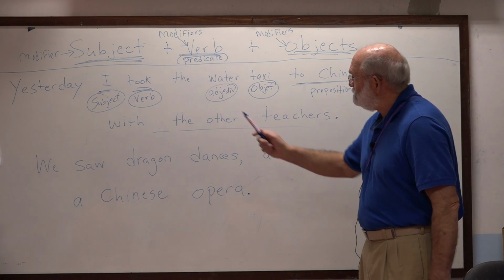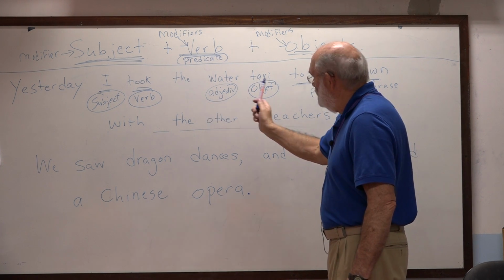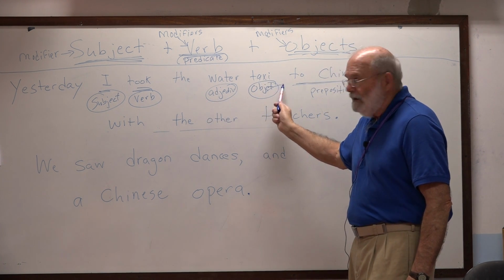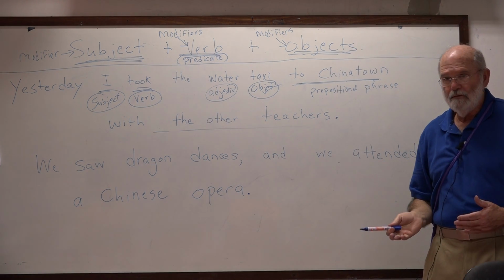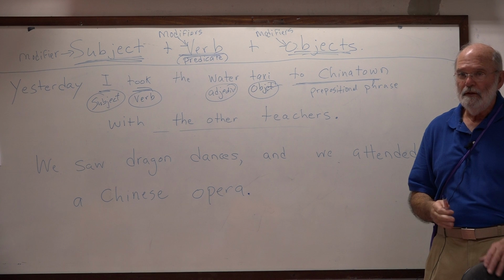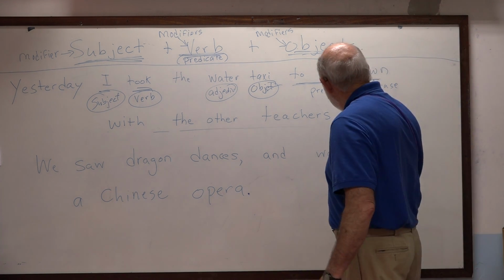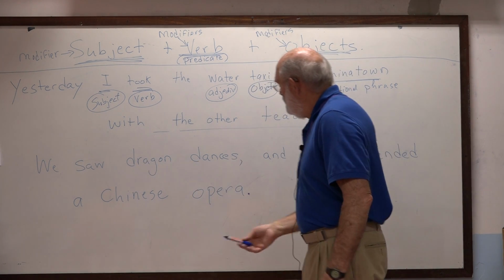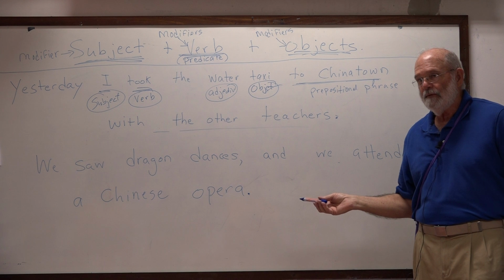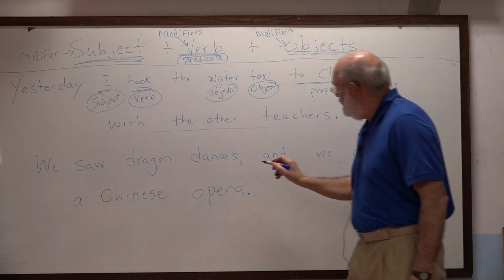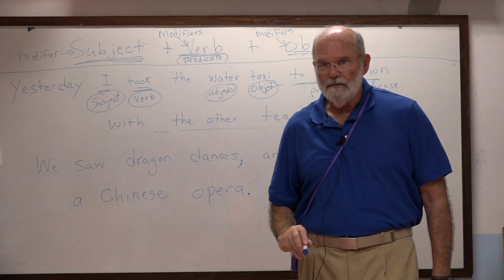So, subject, followed by a verb, followed by an object. And then we add modifiers, either adjectives or adverbs or prepositional phrases to add detail to the sentence. So, sentence ends here. We saw dragon dances and we attended a Chinese opera. Now, this is what we call a compound sentence.